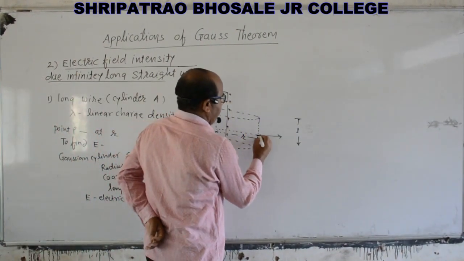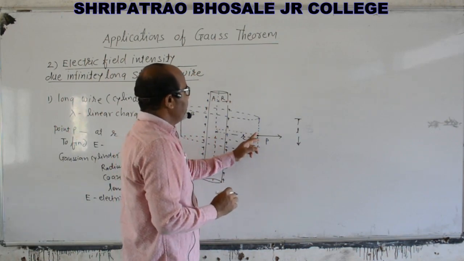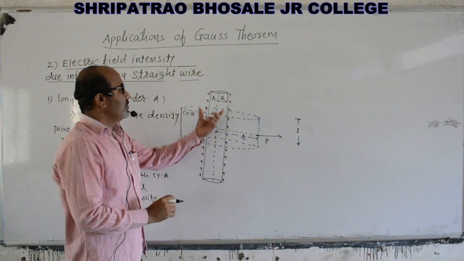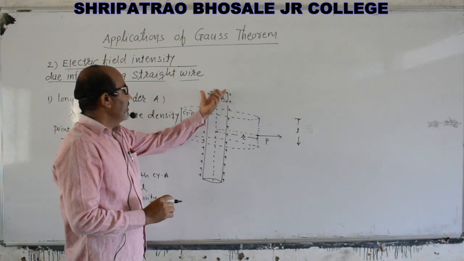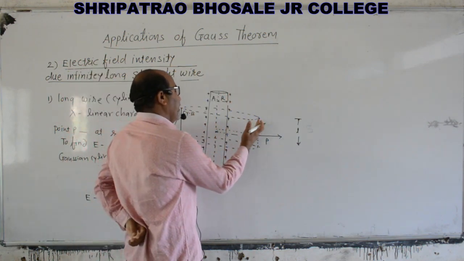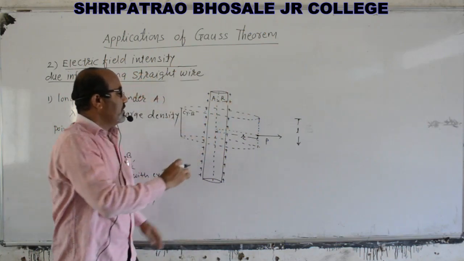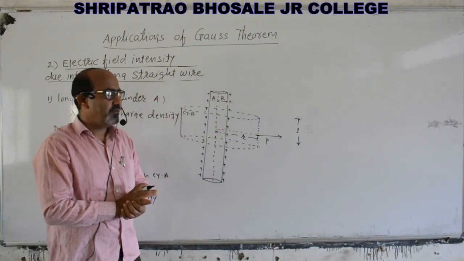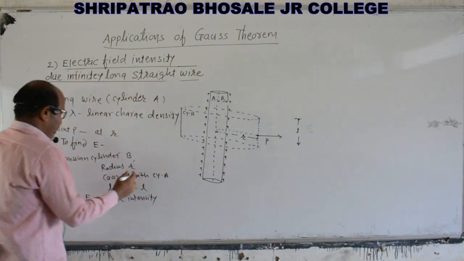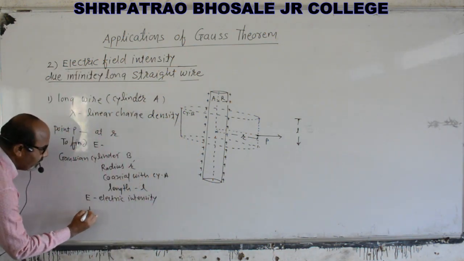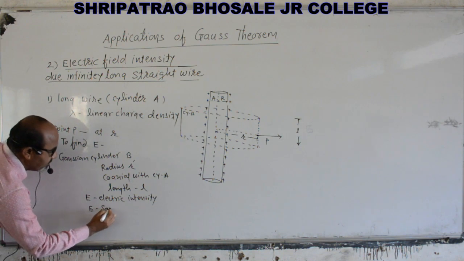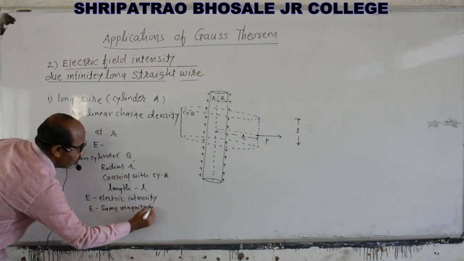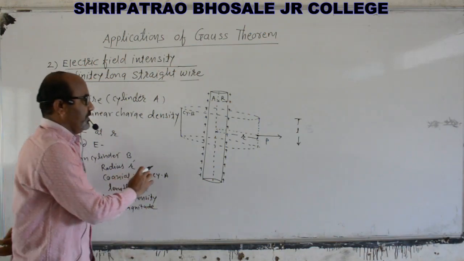And its direction is radially outwards due to symmetry. Electric intensity for all points on the curved surface of this cylinder has the same magnitude. E has the same magnitude for all points.